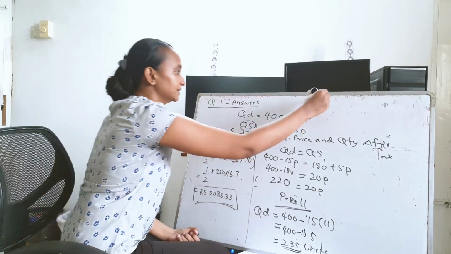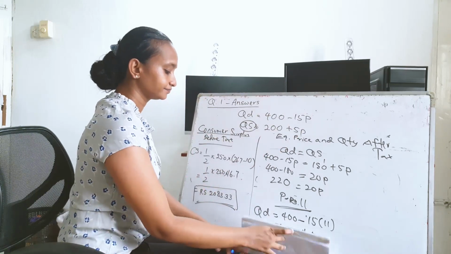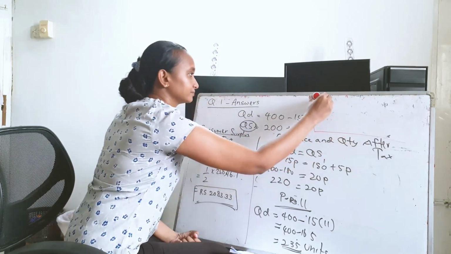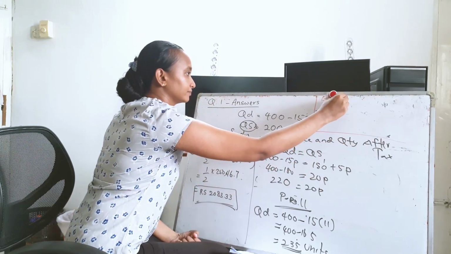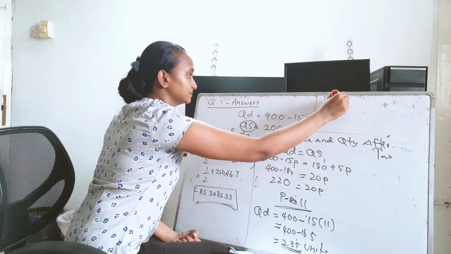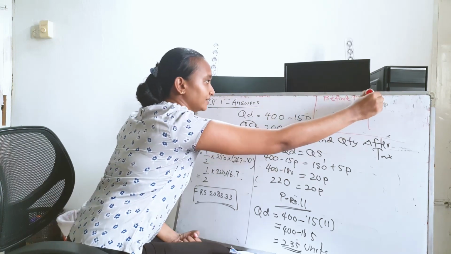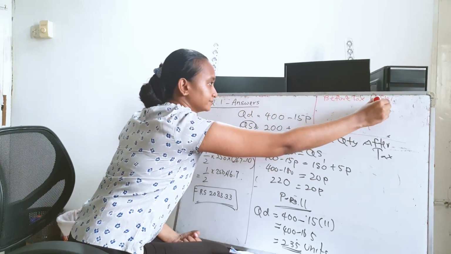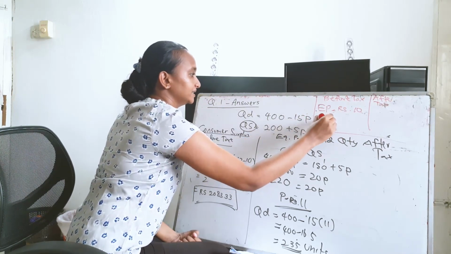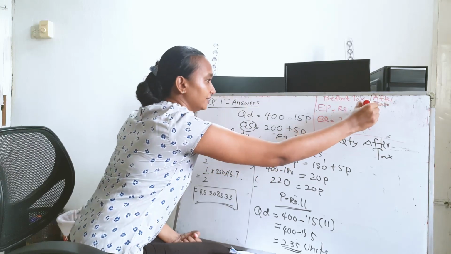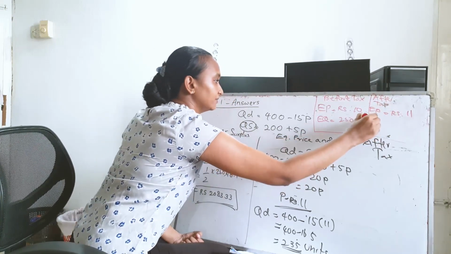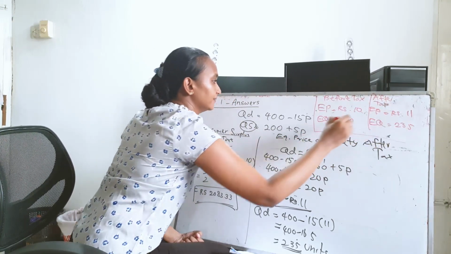Now you have to remember the equilibrium price and quantity before and after tax. Before tax, equilibrium price 10 rupees, equilibrium quantity 250. After tax, equilibrium price 11 rupees, equilibrium quantity 235.